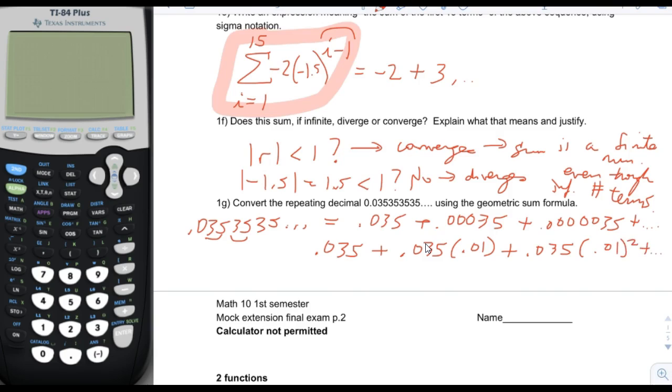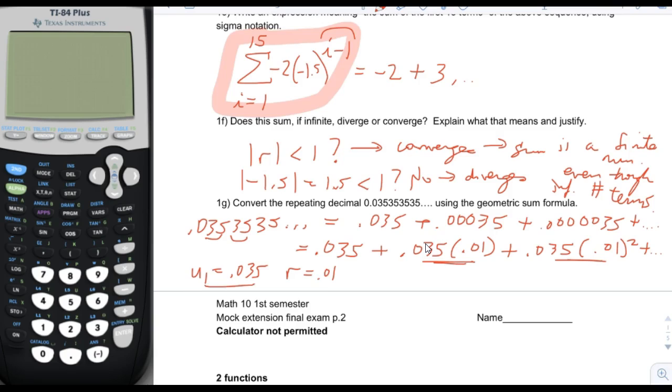repeatedly on each term. So since we write it out like this, now we could say that u1 is equal to 0.035, r is equal to 0.01, right? Because this is the u2. In u2 we're going to multiply by r one time. In u3 we're going to multiply by r two times.